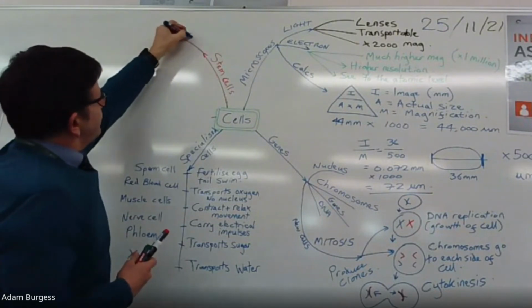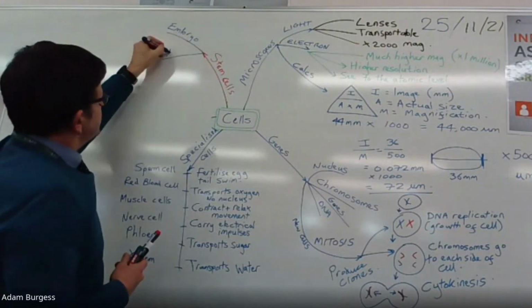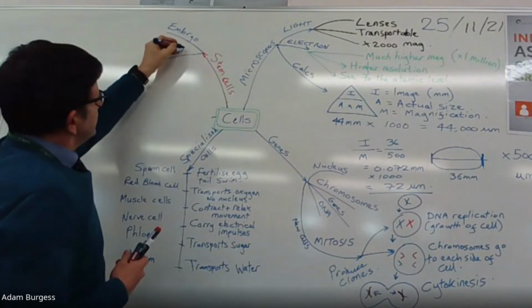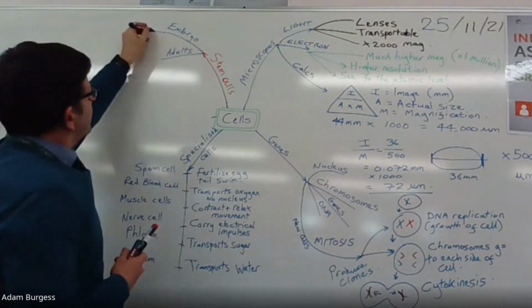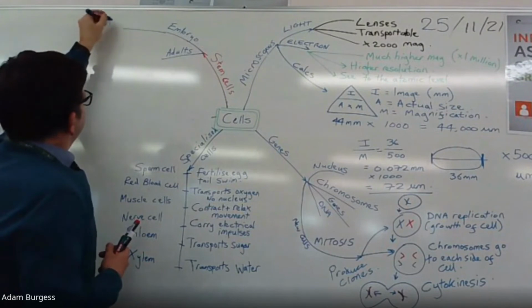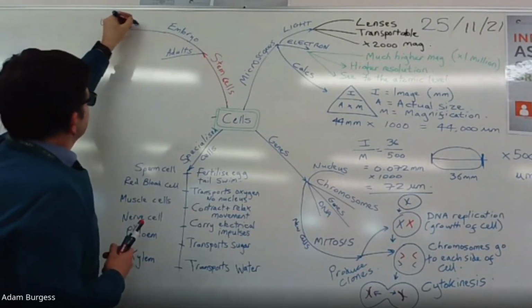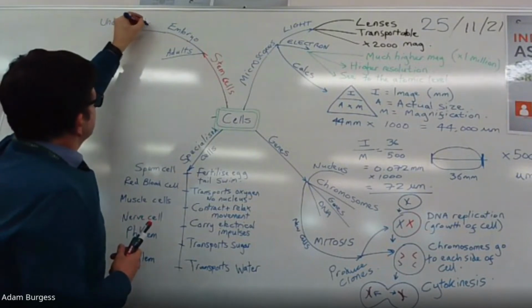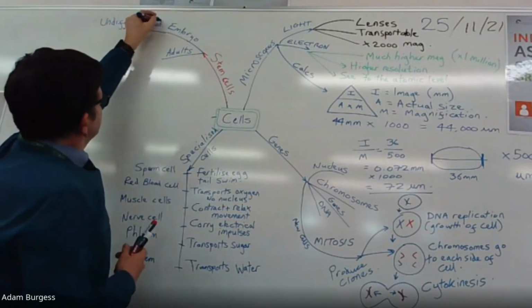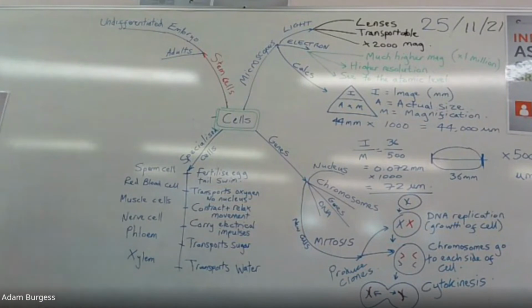You also have adult stem cells. Okay, and they are what we call undifferentiated.